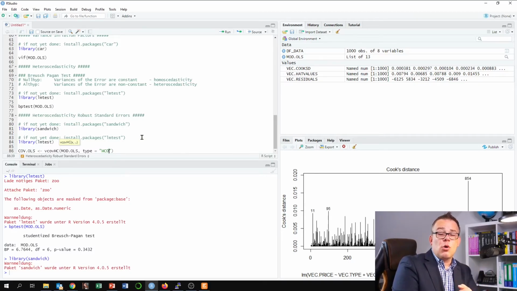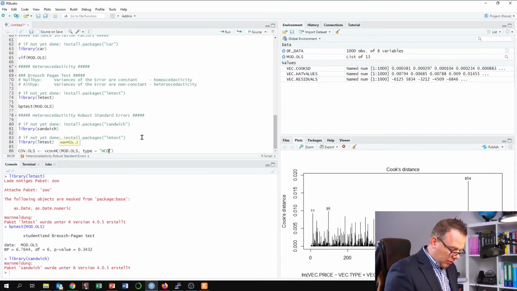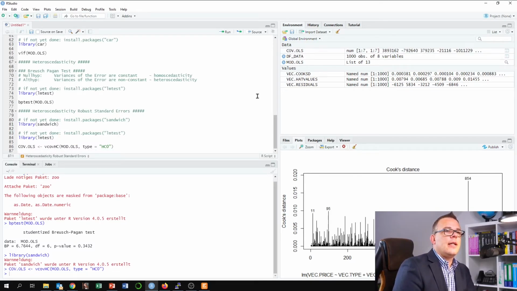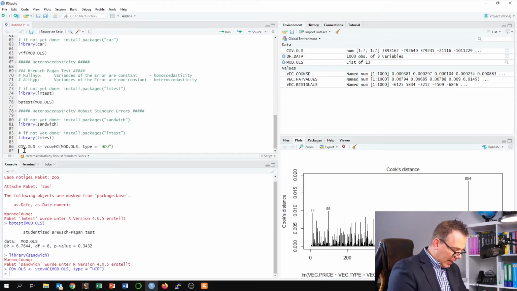Only if you have small samples, please check which of these correction types is right for you to use. Alright, I run this line, and now I have here the robust covariance matrix, and seemingly it's a 7x7 numerical matrix.